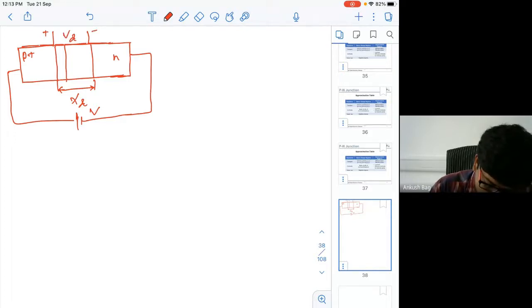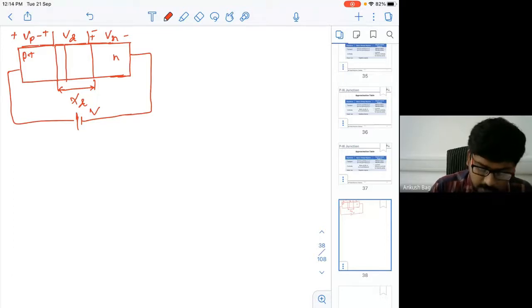Let us name it VD, and then there will be a voltage drop across this N region, which is, let us say, Vn, and another portion across the P plus region. So we are partitioning the whole device into these 3 separate regions. So this is Vp, and here we will have plus minus, Vd plus minus, Vn plus minus. From your KVL, you can understand that these are the voltage drops across your device.